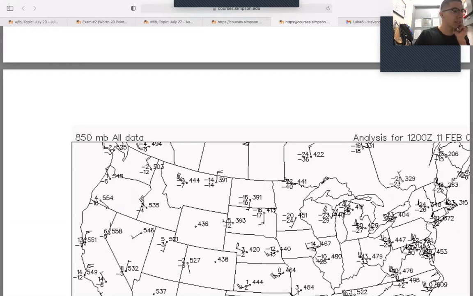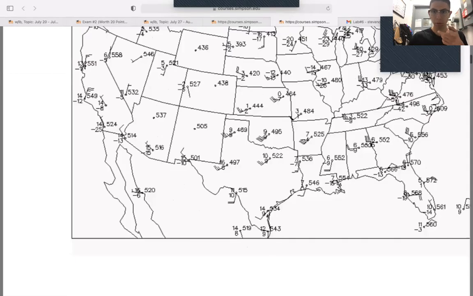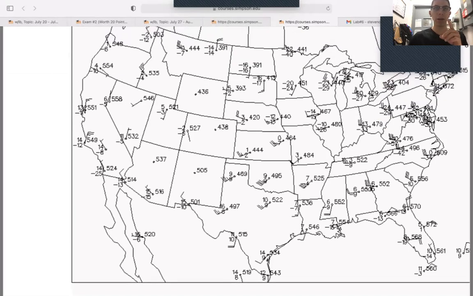And how we're going to do this, we're going to take the temperatures using the isotherms, looking at the temperatures on both the 850 and the 500 millibar chart, and subtract the 500 temperature from the 850 temperature. If the difference is 25 or more, then it is unstable.